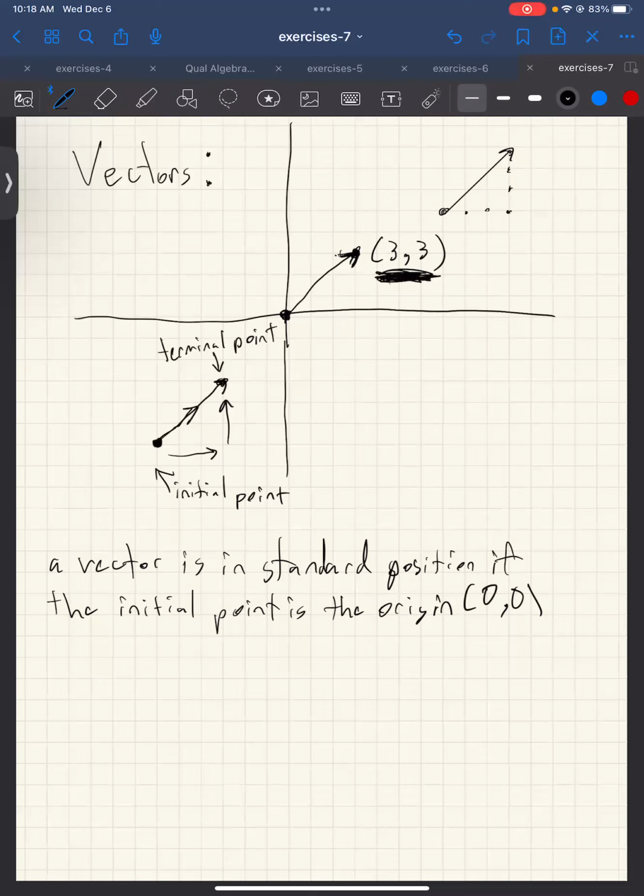If I write my vector starting at the origin, then whatever its terminal point is tells you exactly how it moves, 3 to the right and 3 up. But it turns out this vertical movement and horizontal movement are exactly the two pieces that we need to uniquely identify our vector. So if I say you move to the right 3 and up 3, there's only one vector I can be talking about, and that's this one.